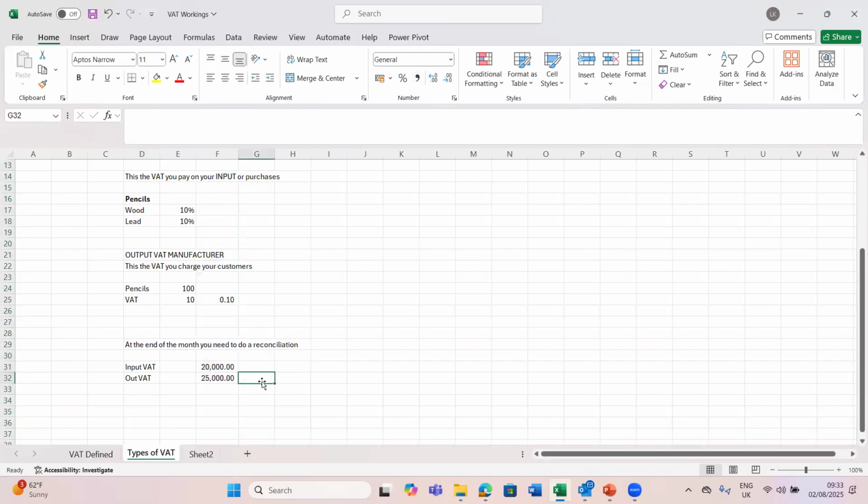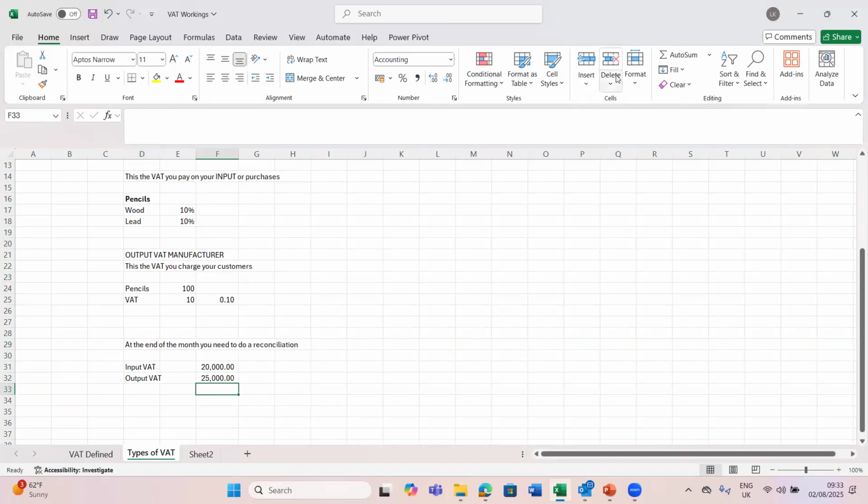So what will happen? You have paid VAT of 20,000 on those goods you are passing on to your customers, and at the same time, the output VAT, you have charged your customers 25,000.